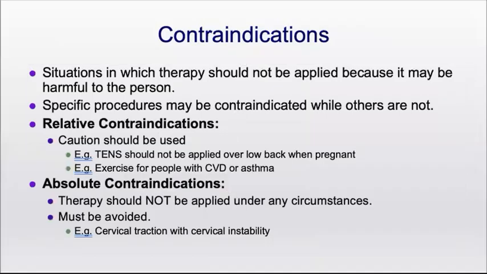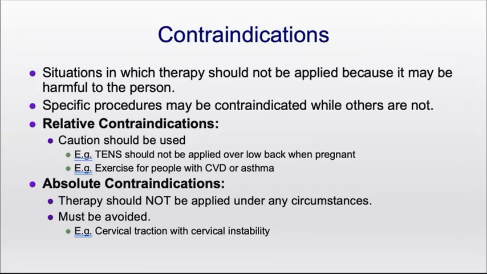Relative contraindications, this is when caution should be used if you're going to be applying that therapy. A very typical example would be if you have a woman who's pregnant and she's got low back pain, you cannot use a TENS machine over the low back.